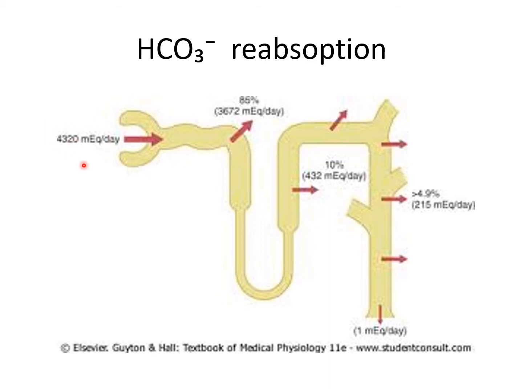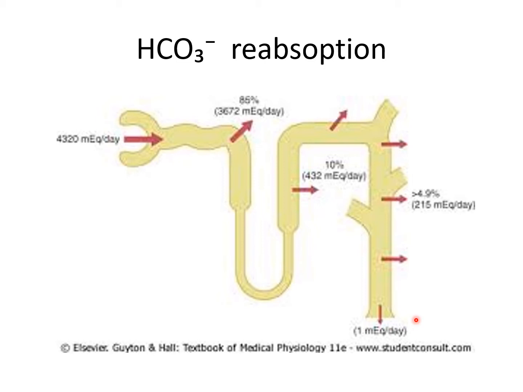By multiplying the GFR and plasma concentration of bicarbonate ion, 4320 milliequivalent per day of bicarbonate is filtered from the plasma in the glomerular filtrate, of which only 1 milliequivalent per day is excreted along with urine.